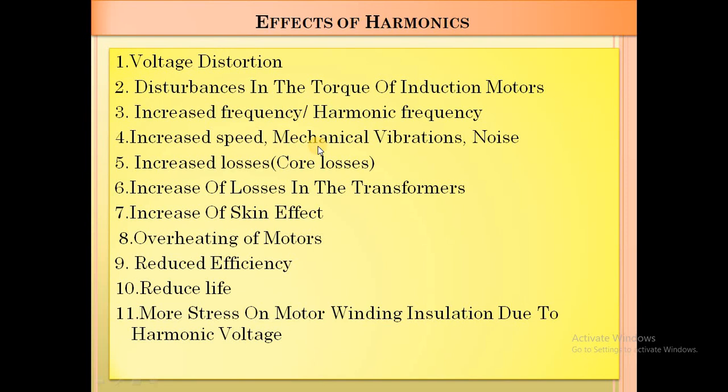If speed increases more than the rated, then mechanical vibrations will be produced inside the motors, causing noise, and sometimes there will be bending of the shaft or total damage to the induction motor. Increased losses, particularly core losses, which we have seen depend upon the frequency.